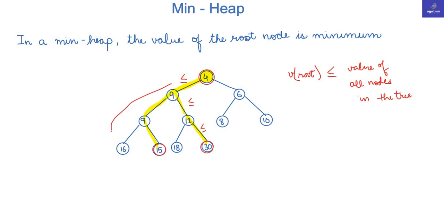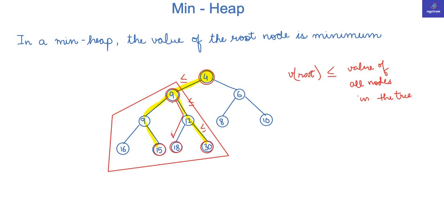Now let's look at this subtree. In this subtree, the root node is 9. Now in this subtree, 9 would be the minimum value, because if we connect 9 to any other node, the value along that path will keep increasing.